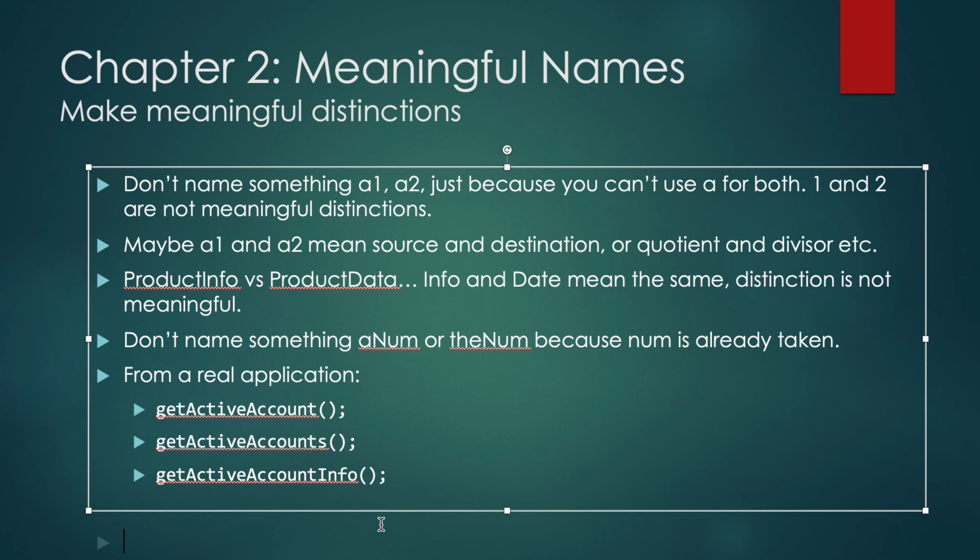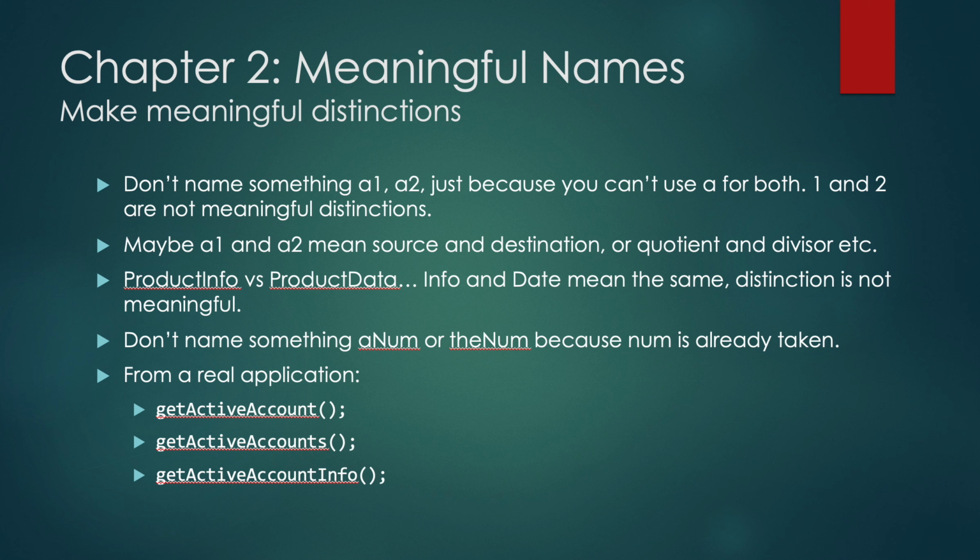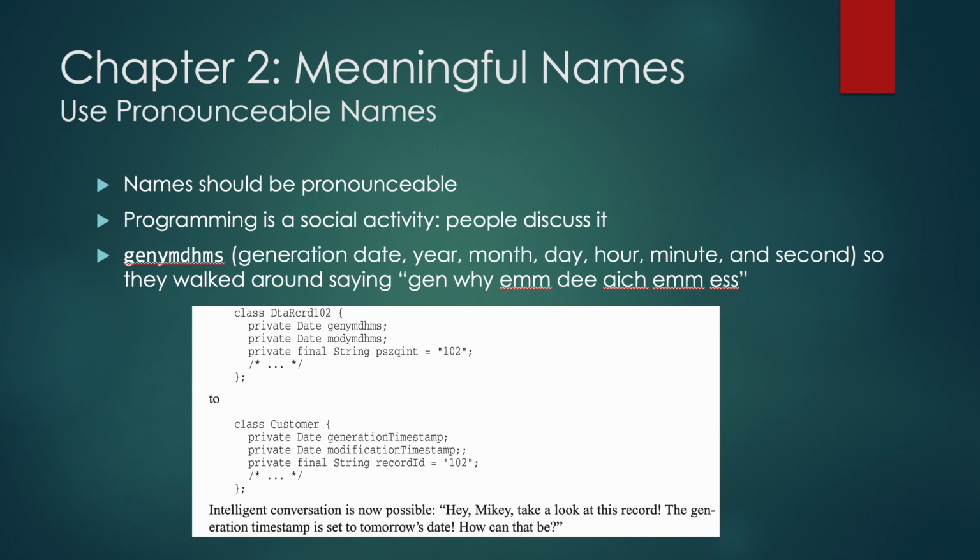And so the next thing is use pronounceable names, right? Usually coding, programming and software engineering is a collaborative activity. People discuss it. So make sure the names are actually pronounceable, right?